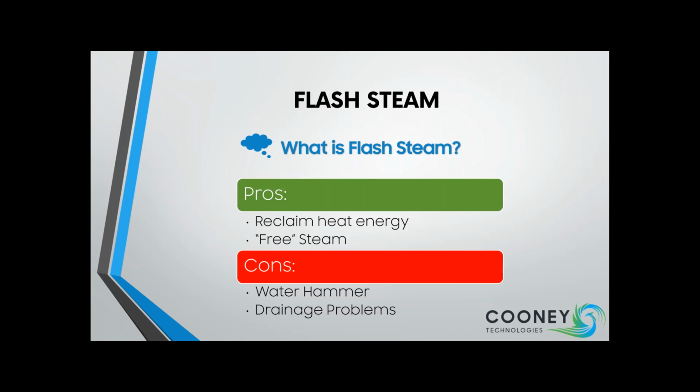Some facilities have utilized flash steam by reclaiming its latent heat energy, so they could get basically free steam that they use in an economizer heat exchanger to possibly preheat incoming domestic cold water before it enters the domestic hot water heater, and thereby they save some energy. Saving energy is a good thing. The cons of flash steam are the potential water hammer and overpressurizing drainage problems for the condensate.